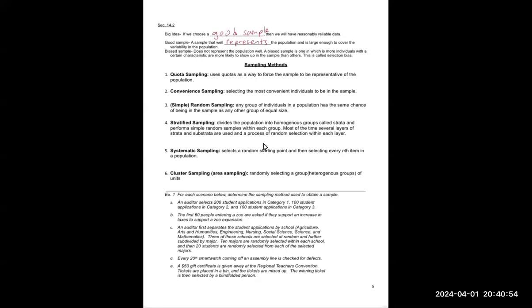And then they randomly select the actual group, but when they find the group, they sample everyone in the group. While in stratified sampling, they divide the country by states or whatever, and then they randomly pick a sample inside the strata.